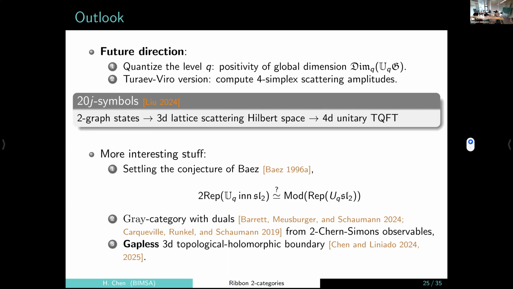But the idea is that this is not a conformal field theory, it's not a CFT, it's something called a topological holomorphic field theory, something coming from the 3D N equals 4 SCFTs that people think about.